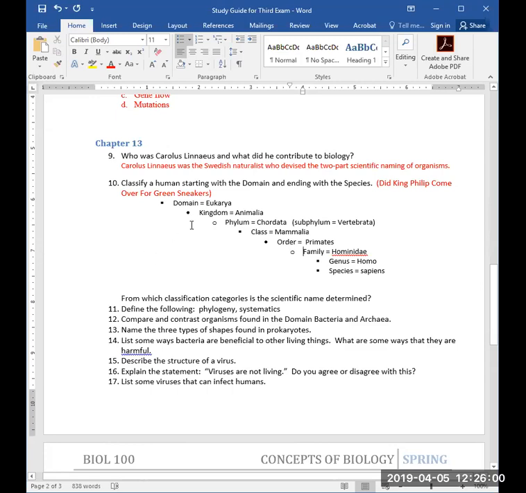So the domain, and we're classifying a human. We are in the domain Eukarya. The other domains are Bacteria and Archaea, or Eubacteria and Archaea.